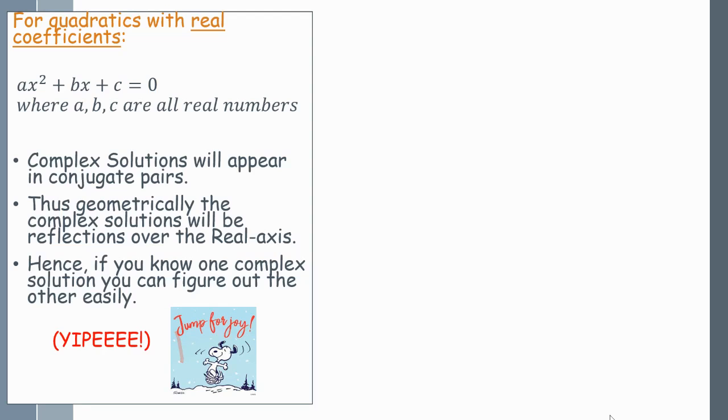That means that the complex solutions will be reflections over the real axis. Hence, if we know one complex solution, then we can easily figure out another solution, because another solution will be the complex conjugate.